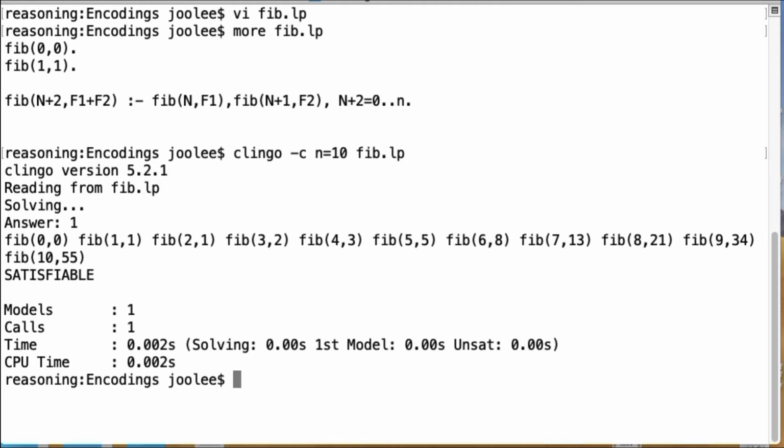As you see, 0 is 0, 1 is 0 plus 1 here. 3 is 1 plus 1. 4 is 1 plus 2. And the next is 2 plus 3 is 5. 3 plus 5 is 8. 5 plus 8. So that looks correct, right?